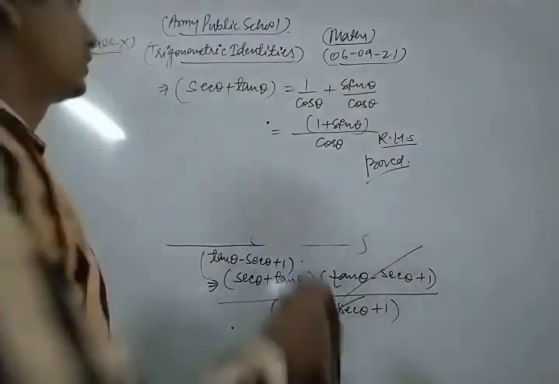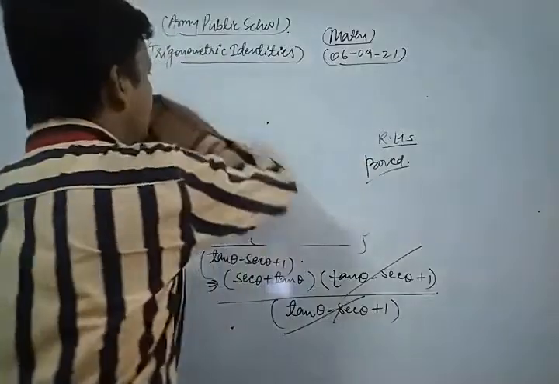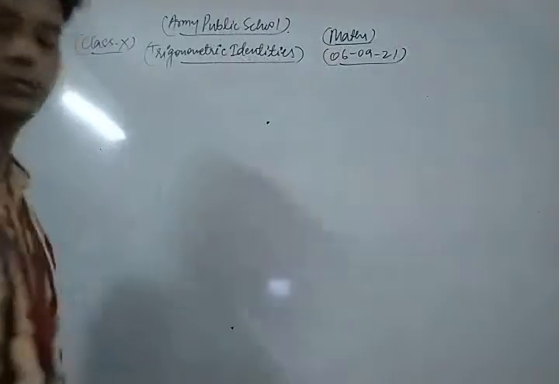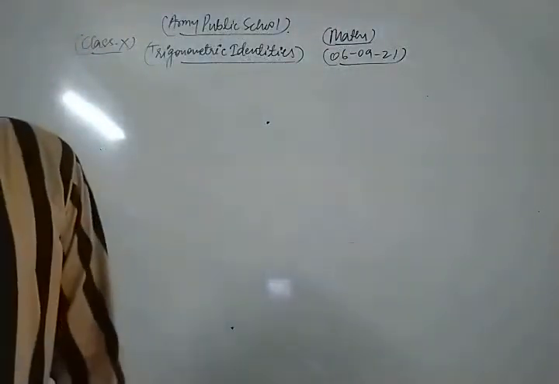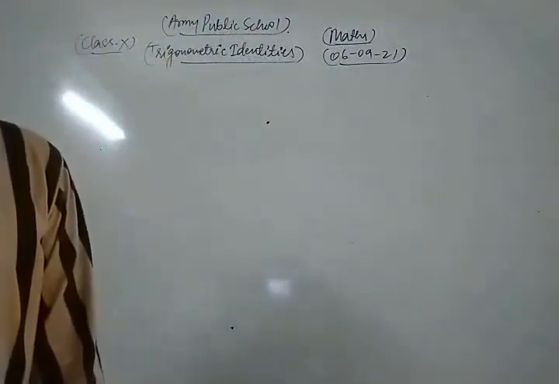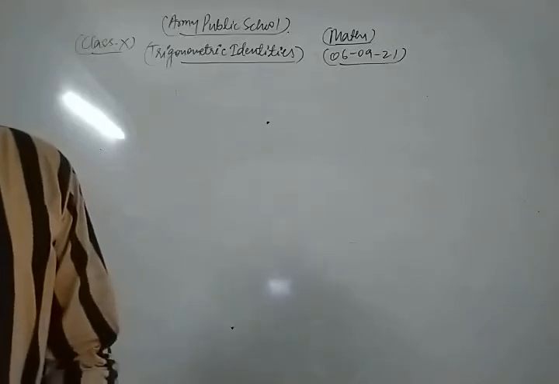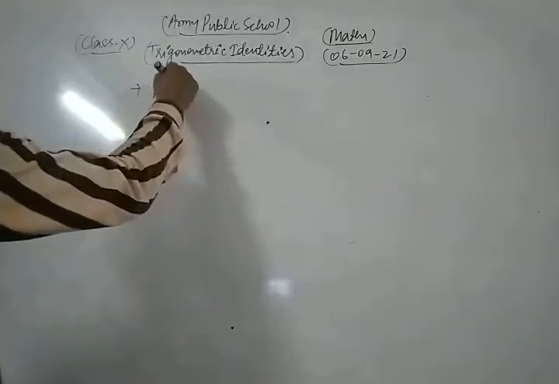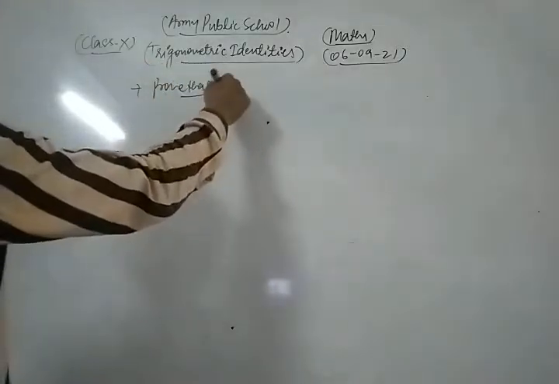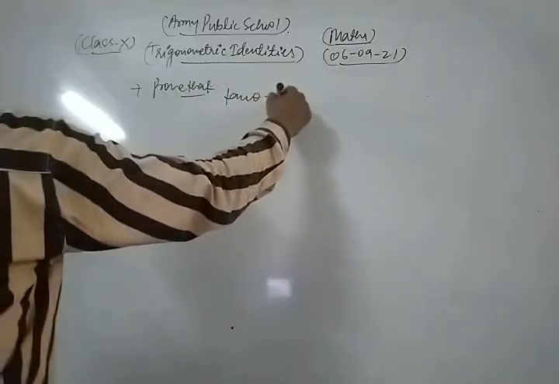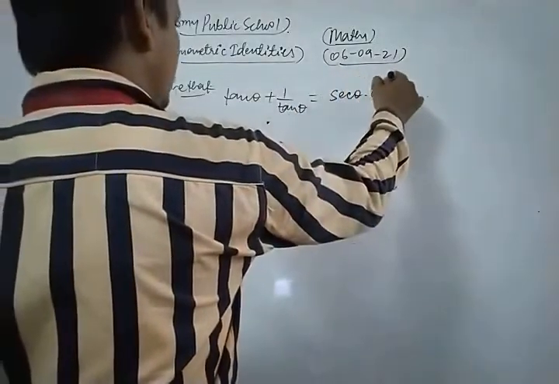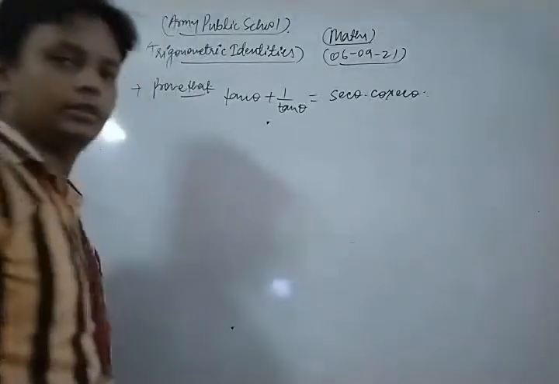Now we take and solve some other important questions based on identities. Look, the question is, prove that tan theta plus 1 upon tan theta is equal to sec theta into cosec theta.